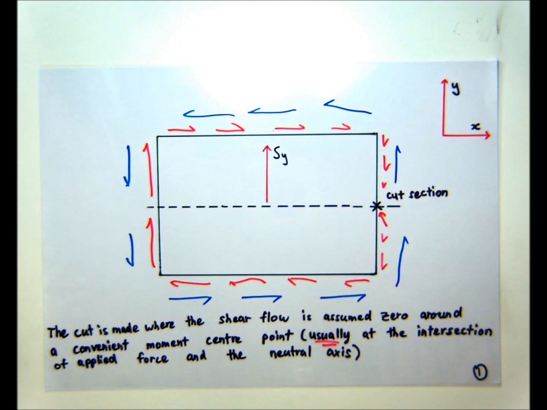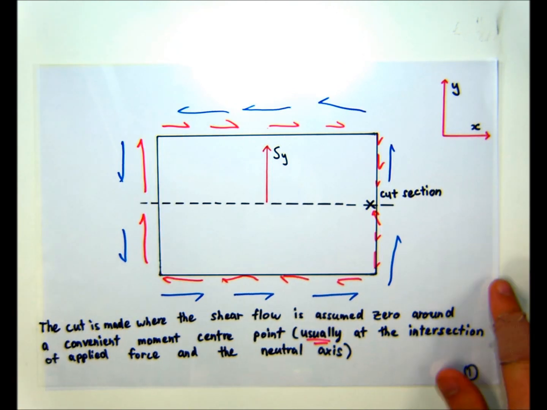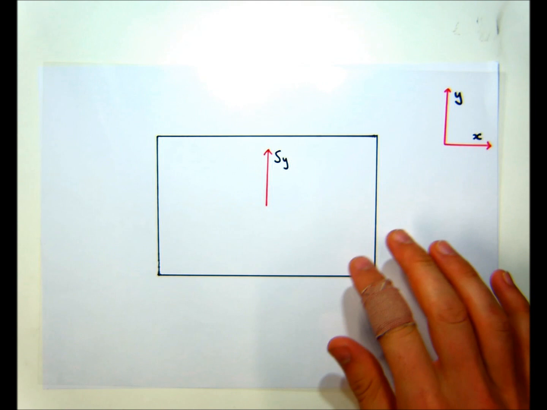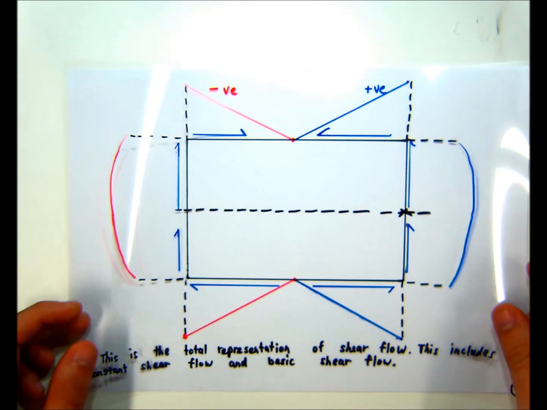Note that it's constant around the section. Now, if we add those two together to find our Q, it will look something like what we have here.